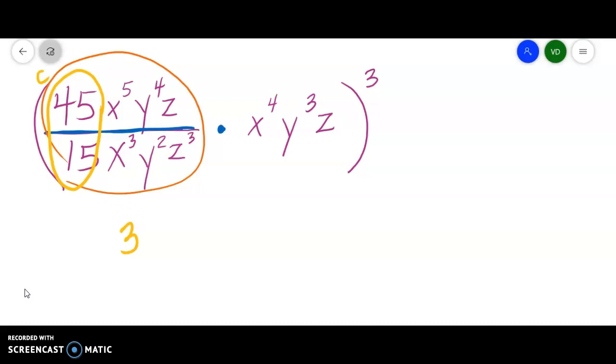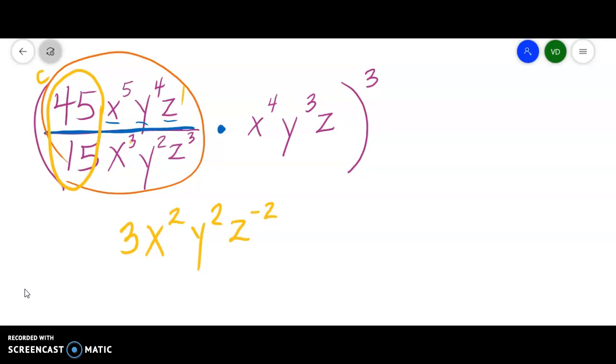Okay, so now I'm going to move to my bases. I've got x, y, and z. So my x is going to become squared because 5 minus 3. My y, 4 minus 2. And then my z is 1 minus 3.